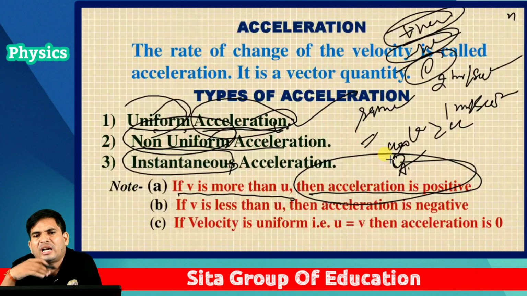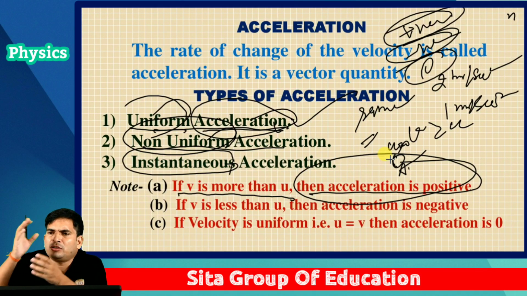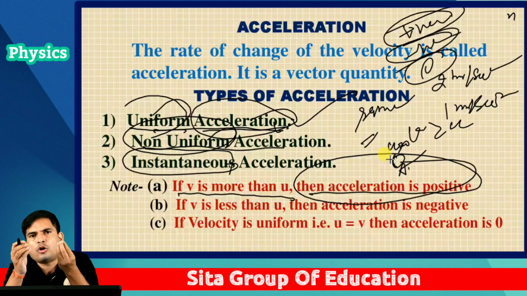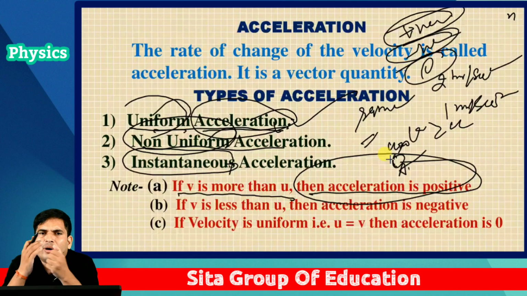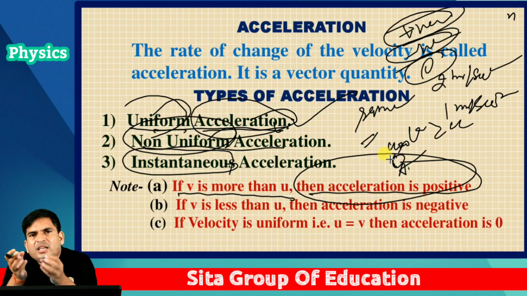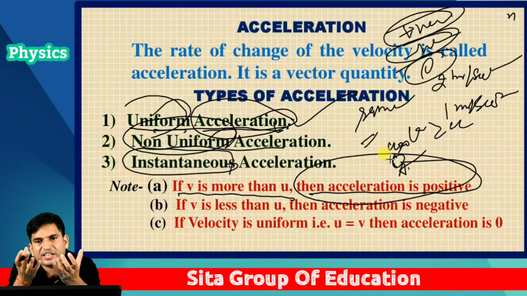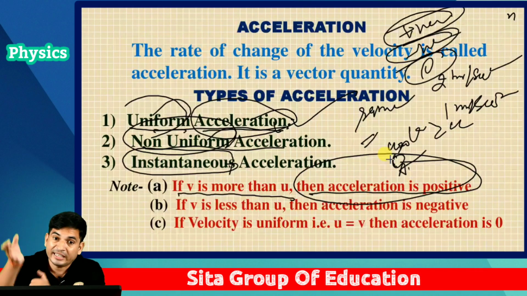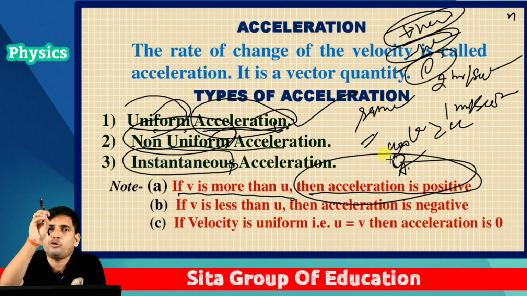Suppose suddenly your father came and said go and purchase something, while you were already riding a bicycle, so you have some initial velocity. It can be 0, or you may already have some velocity.